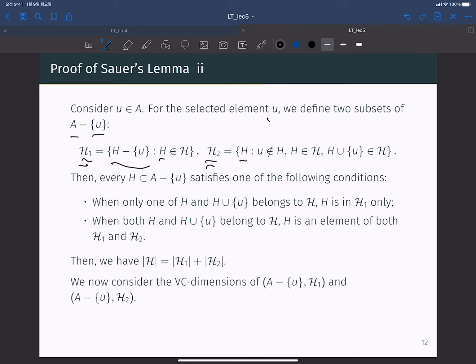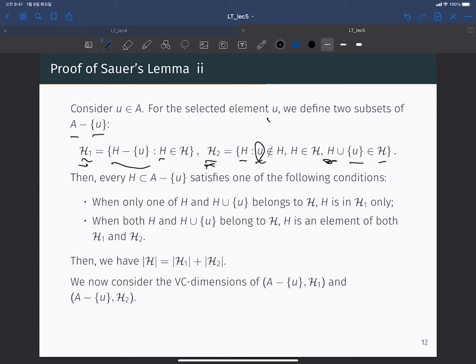So we include hypotheses such that the hypothesis does not include the selected element U, but the union of the hypothesis and the singleton set is also an element of our hypothesis set H.